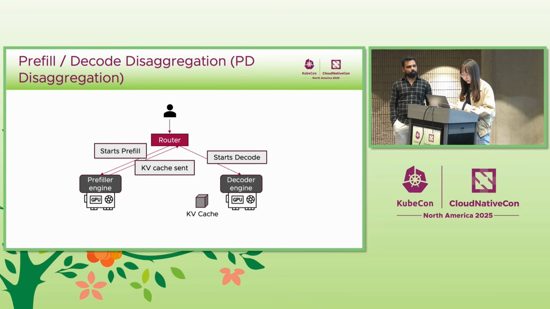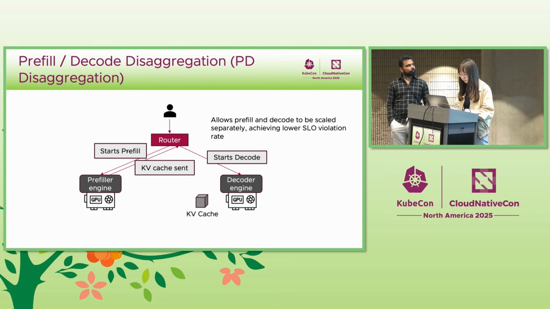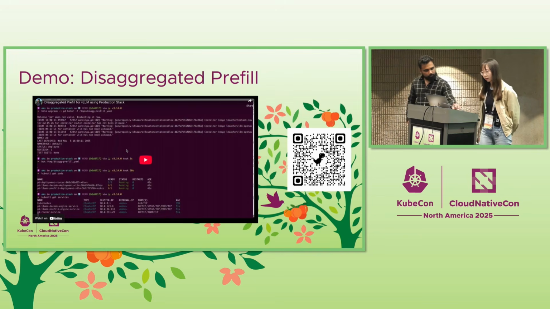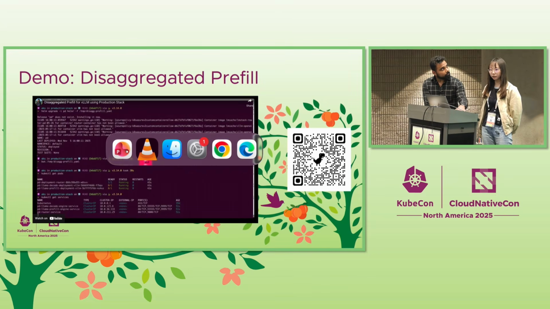The decoder engine will use the KV cache generated and transferred from the prefiller engine to do decoding. This PD disaggregation allows prefill and decode phases to be scaled separately, and this can achieve a much lower SLO violation rate. So with that, I'll show a demo for PD disaggregation as well.